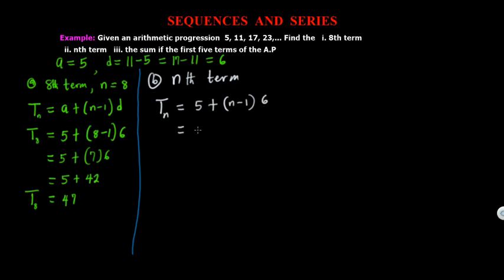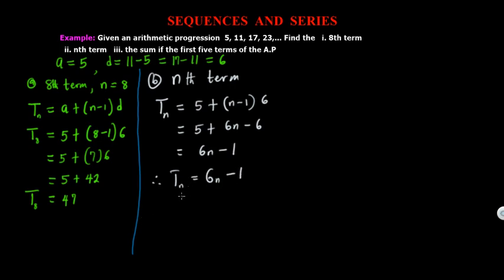So if we solve this, we have 5 plus 6n minus 6. That will be 6n minus 1. Therefore, the nth term of this given sequence 5, 11, 17, 23, and so on is 6n minus 1.